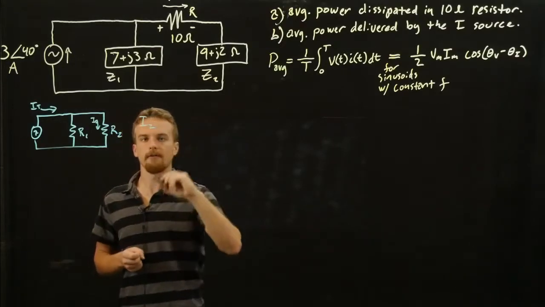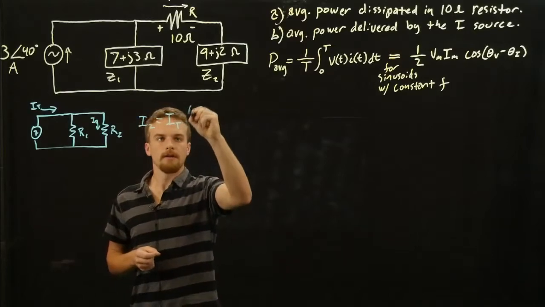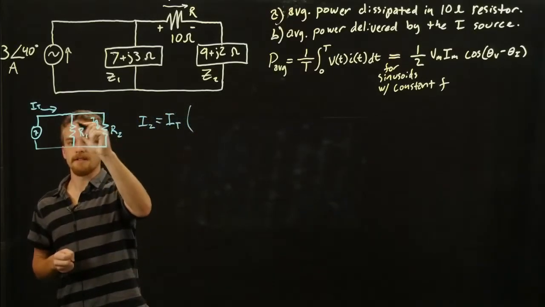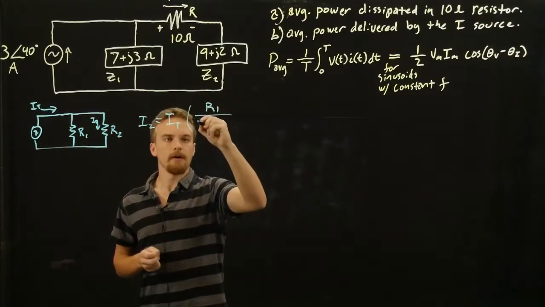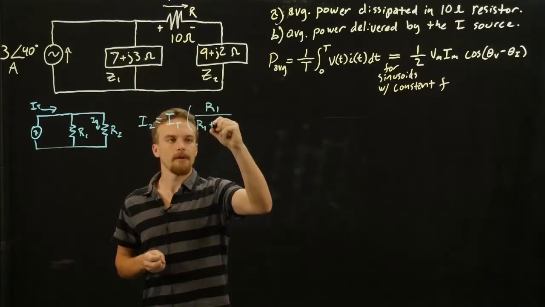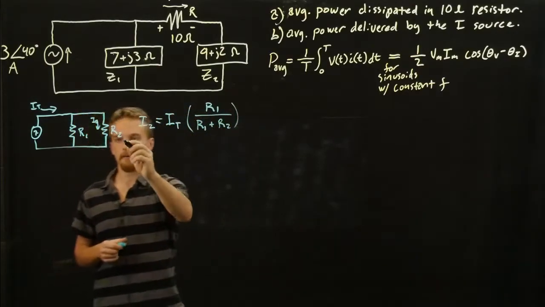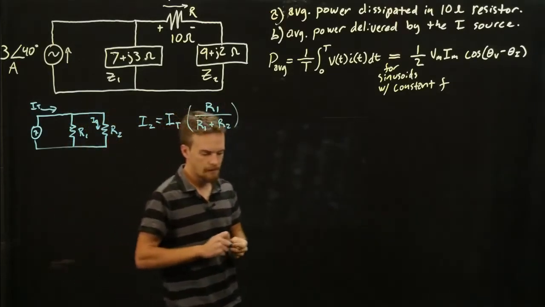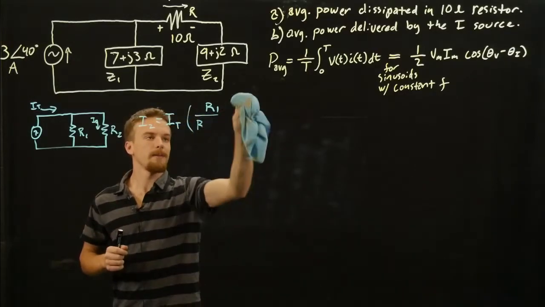By the current divider rule, I2 will be equal to the total current times R1 over the sum of the two, R1 plus R2. That gives the current through R2. You see we picked as the numerator the opposite resistor from the one we're looking for the current through.